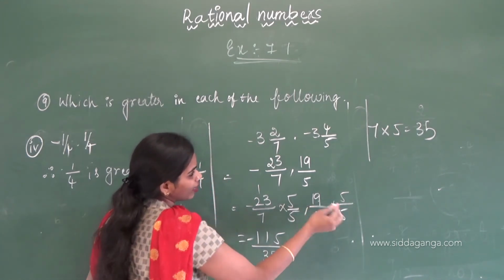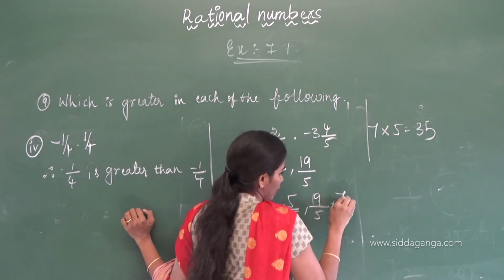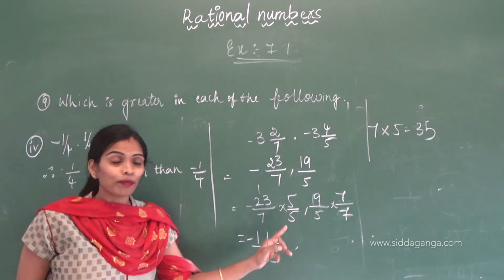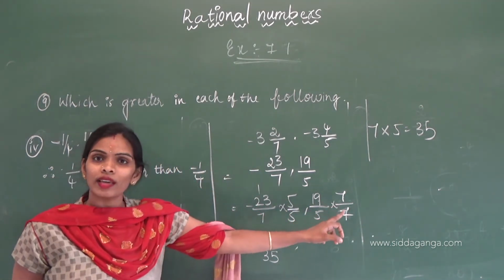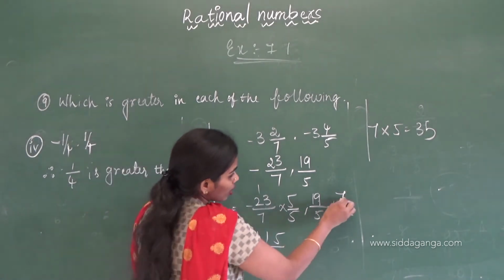Here, 19 7s are 133. For this I am multiplying 5/5, that's why here we have to multiply 7/7.